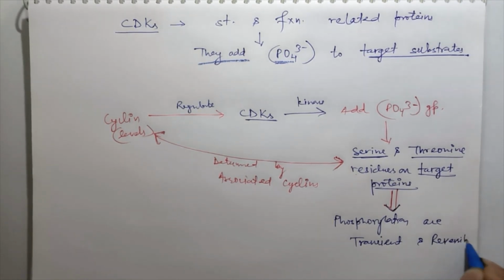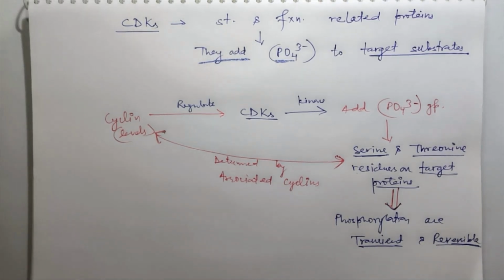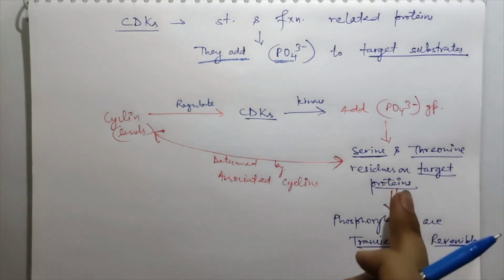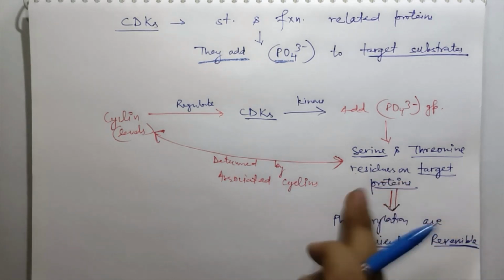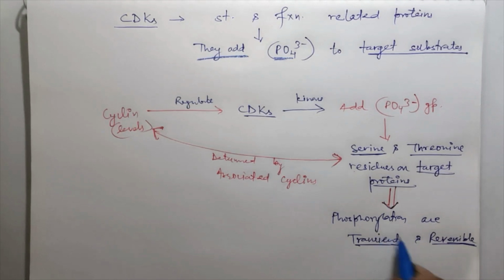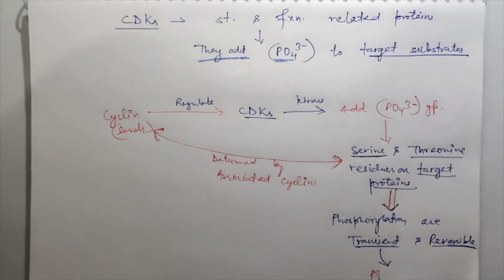Once the phosphorylated protein has accomplished its task, it is eventually dephosphorylated by another type of enzymes called phosphatases.